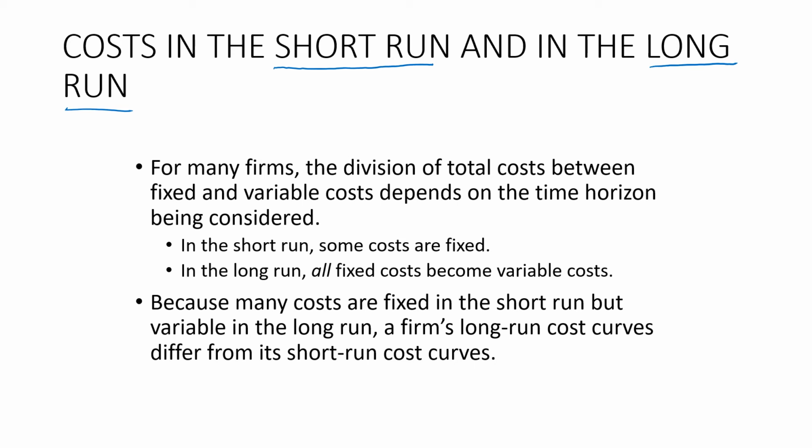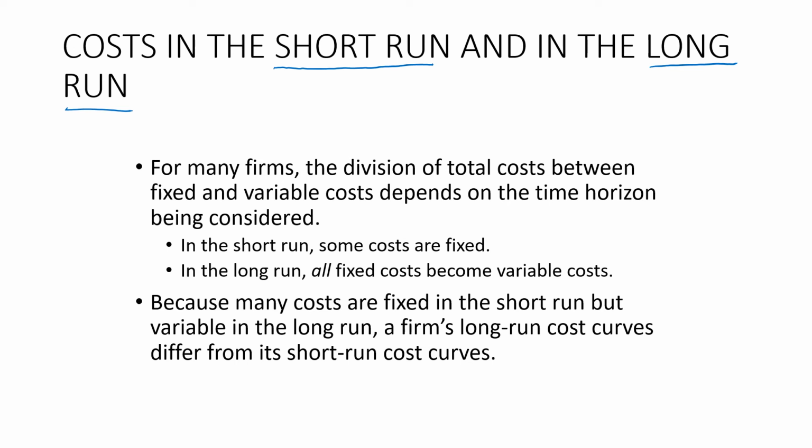In the short run, some costs are fixed. The basic distinction between the short run and the long run is that in the short run, there are certain costs that are fixed. For example, the rent of a property that we are paying.